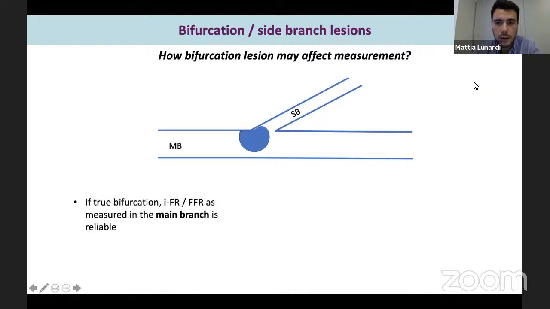So FFR and IFR in a true bifurcation can be measured in the main branch, and I expect it is reliable, but in the side branch it's better to wait until after the stenting of the main branch.